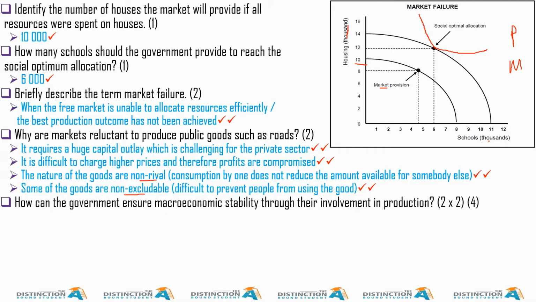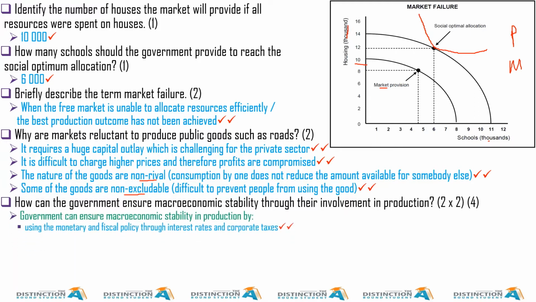The next question, which is the last: how can the government ensure macroeconomic stability through their involvement in production? All right, so we have number one, government can ensure macroeconomic stability in production by using monetary policy, which is executed by the Reserve Bank, the SARB, and fiscal policy, which is executed by the National Treasury.